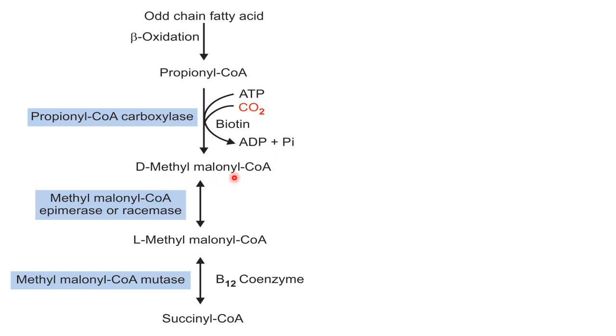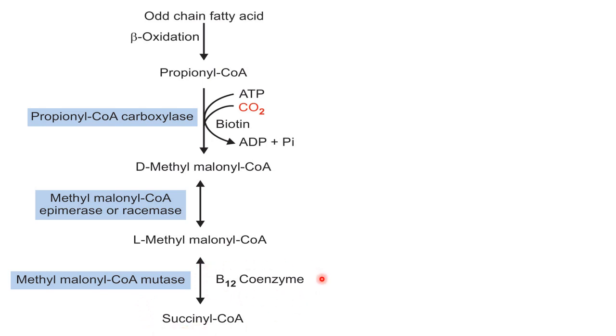This D-methylmalonyl-CoA gets converted into L-methylmalonyl-CoA with the help of the epimerase or racemase enzyme. And this L-methylmalonyl-CoA, with the help of the methylmalonyl-CoA mutase enzyme, gets converted to succinyl-CoA. And over here we require vitamin B12 as a coenzyme.